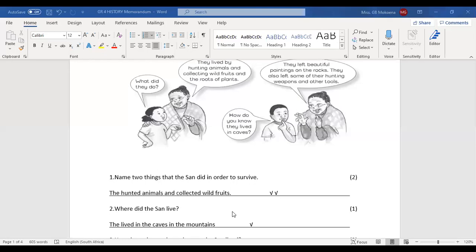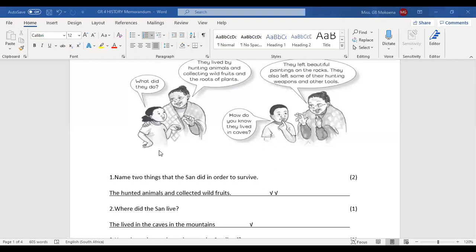One, they hunted animals and they collected wild food. Okay, I've got other answers. Ma'am, mine is the same, but then I got 2 lines, because my test didn't have enough space for 2 rows, so it made it at the next page.